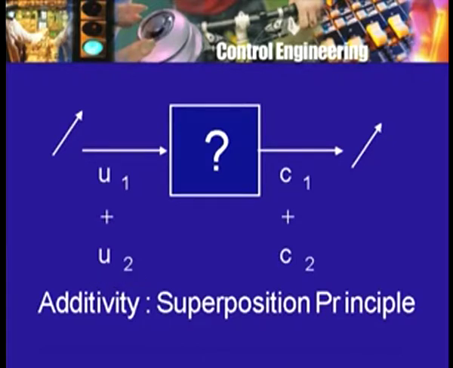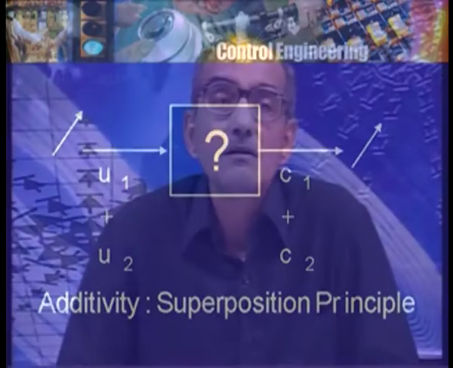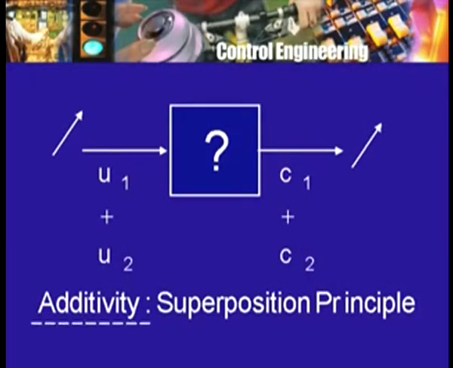Suppose we apply some other input u2, it results in a different output C2. Now, if the system is such that applying u1 plus u2 produces a response C1 plus C2, then we say that the system is additive, or we say that the system obeys or satisfies the superposition principle. So, this is one part of linearity, additivity or the superposition principle.